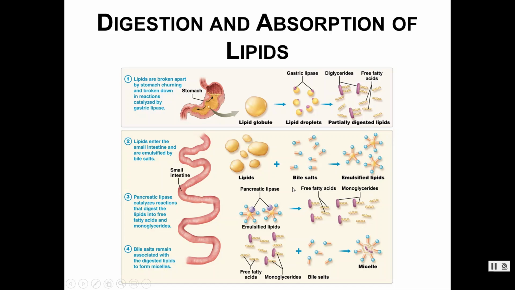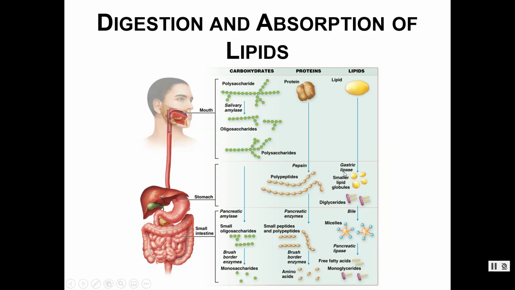So we're getting those free fatty acids and those monoglycerides, and we can also emulsify those as well. Especially the free fatty acid tails are still quite hydrophobic, so they're a little difficult to transport otherwise. And so we can make the micelles here, and we can absorb those into those lacteals we've talked about.